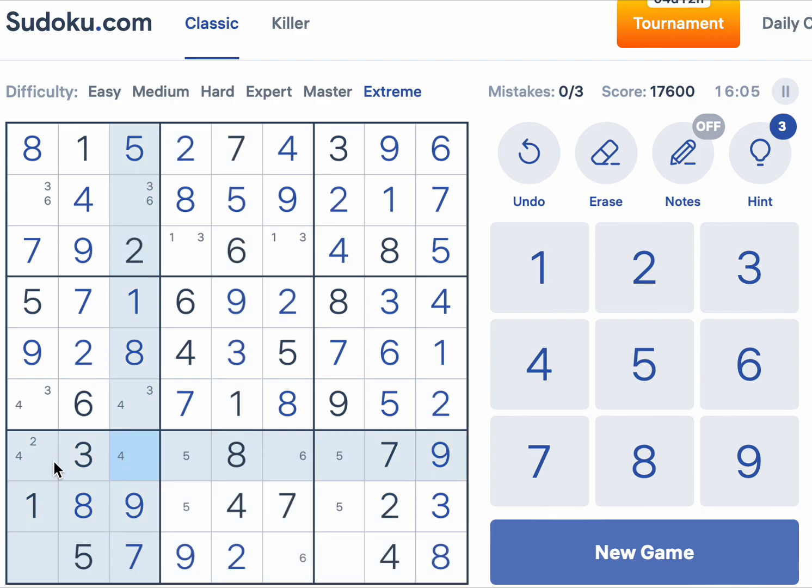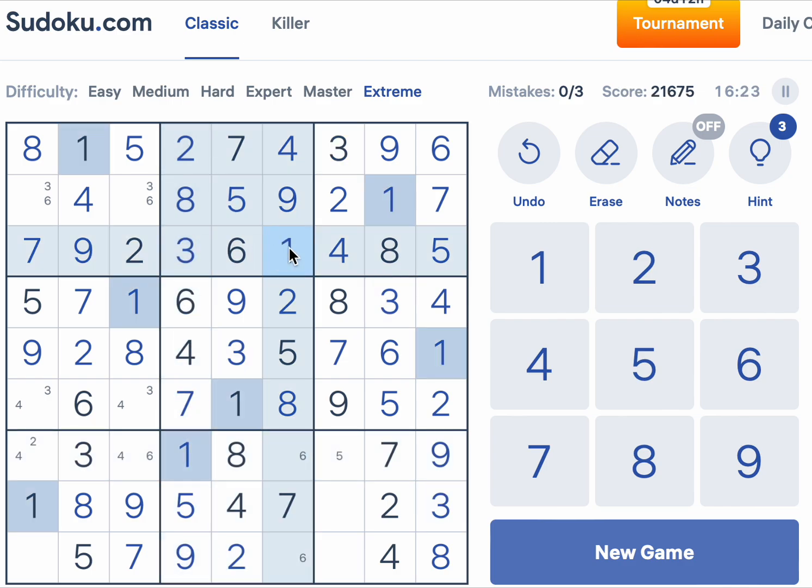So here it could be 4 and 6. And for this column, we're missing 1, 3, 5. So here with 1, 3, this cell must be 5. Here it could be 1 and 3 with 3 here. This cell must be 1, and this is 3, 1.